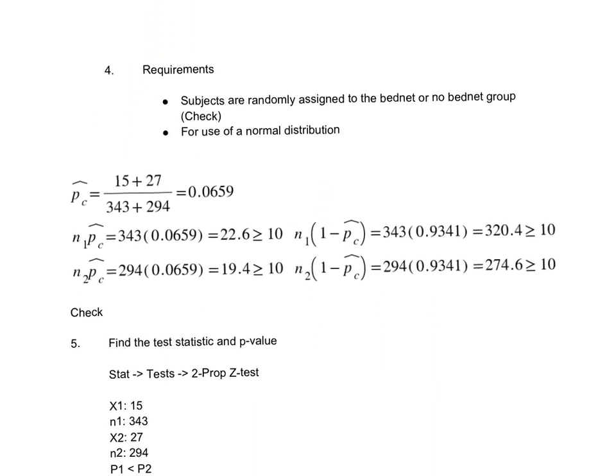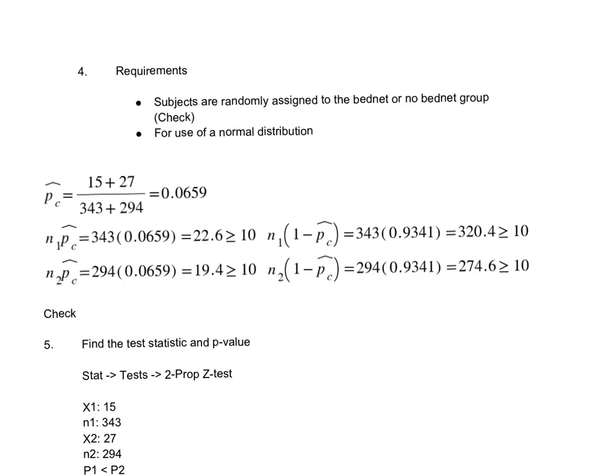Check your requirements. We do have random assignment. In this case, it's an experiment, so random assignment to two groups. Let's check our normal distribution requirements, and that is that successes and failures in both samples are greater than 10. We've got that here.